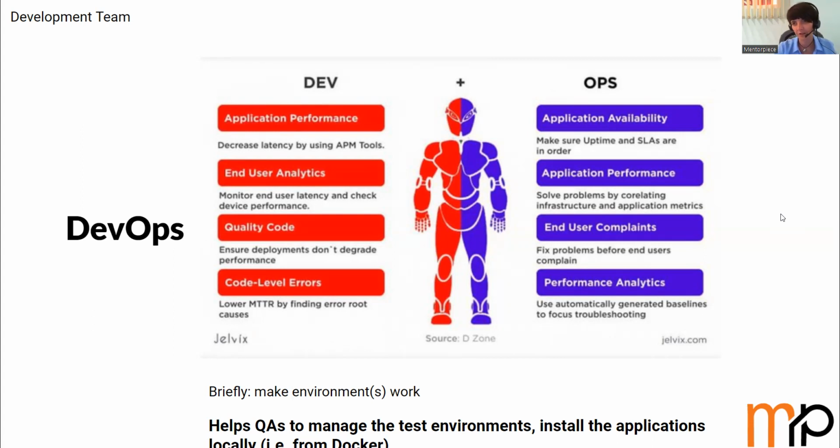You can see it here on the picture. But in reality, briefly saying, DevOps says make environments work. So all this environment we were talking about on one of the first slides when Vyacheslav asked me, this is the responsibility of DevOps primarily.